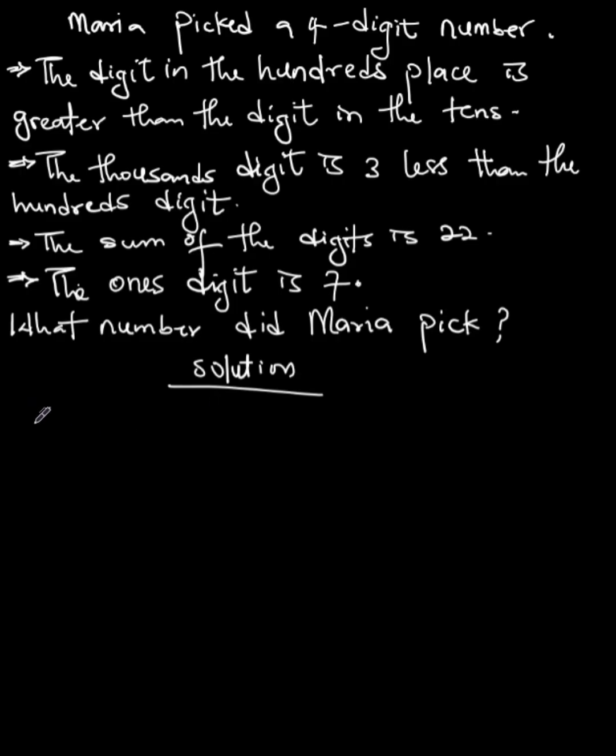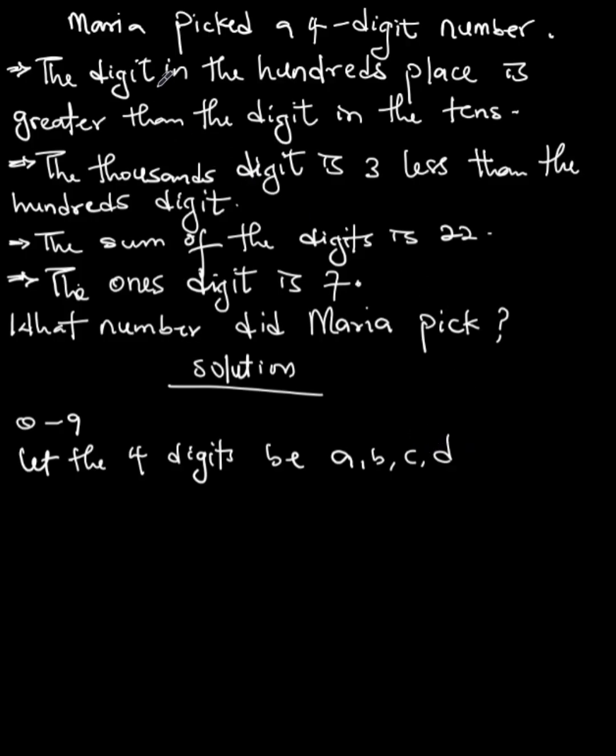First we know that the digits are between 0 and 9, since every number is made up of digits from 0 to 9. Since she picked 4 digits, which are unknown, let the 4 digits be A, B, C, and D.